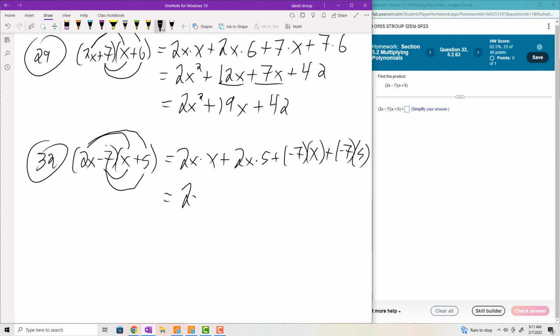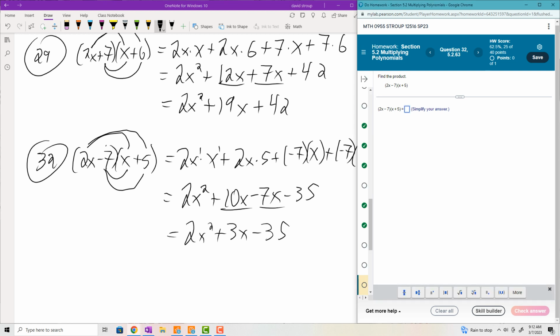So that'll be 2x times x is 2x squared. You're just, again, adding the exponents. Plus 5 times 2 is 10x. And then minus 7x, and then minus 35. Combine like terms. We get 2x squared plus 3x minus 35.